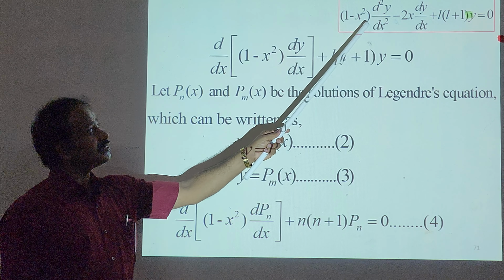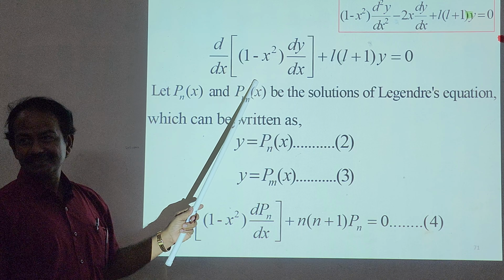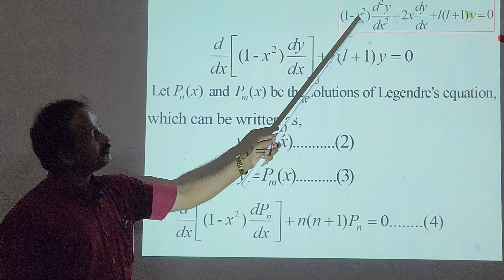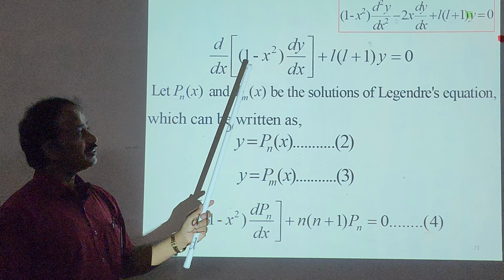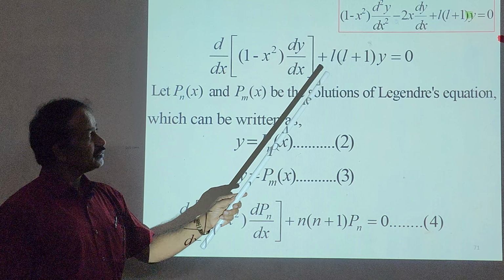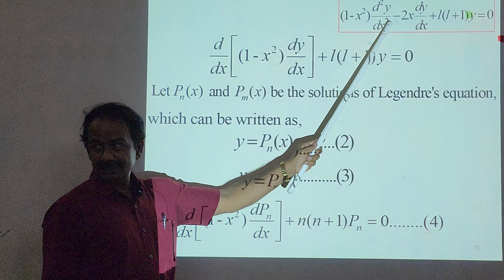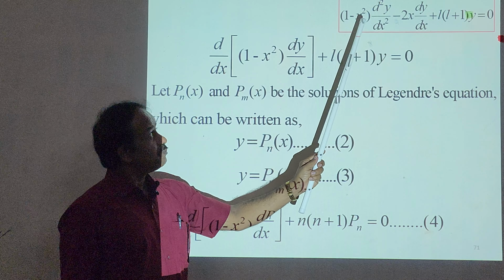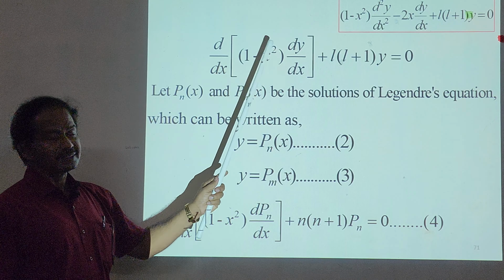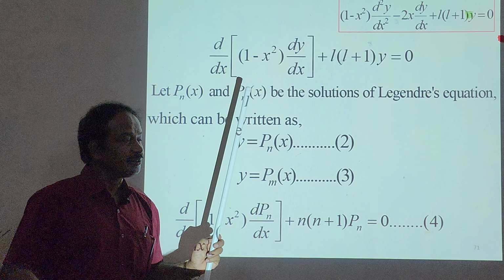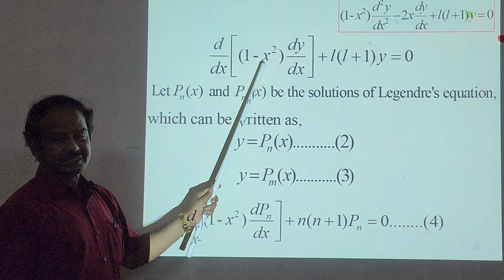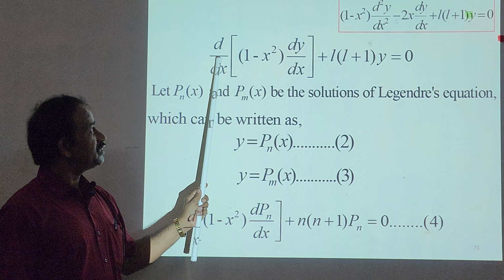Now this equation can be written like this. Look at the first two terms. I have written them as a single term. See here, this is the first term, this is the second term, this is your third term. The first two terms can be written as a single term in this equation. I repeat, you just differentiate this, keeping this as constant, plus, keeping this as constant, you differentiate this.